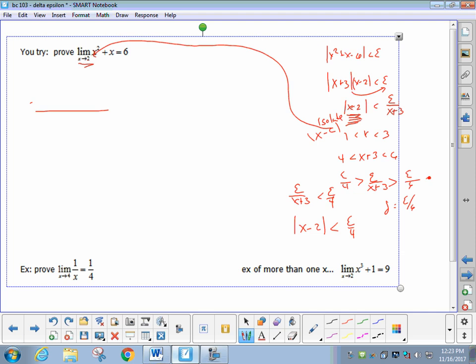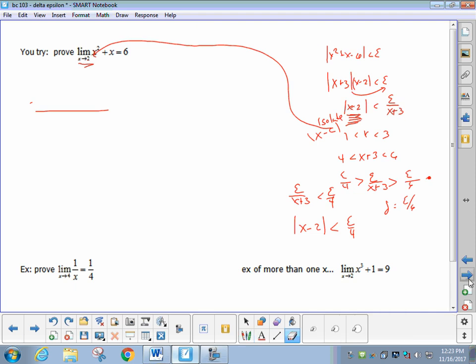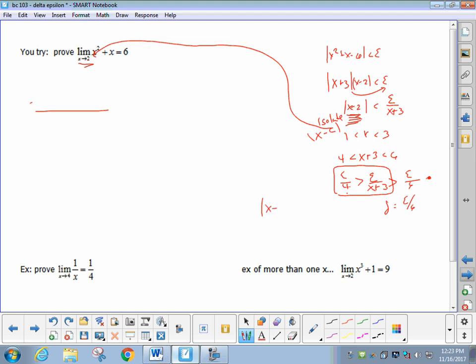Because look, when you do those two inequalities, imagine here, I'm going to write this one more time. Imagine in your proof you chose epsilon over 4. I'll show you why it doesn't work. In your proof, you would be stating that x minus 2 is less than epsilon over 4. That's the first part of the proof. You with me?